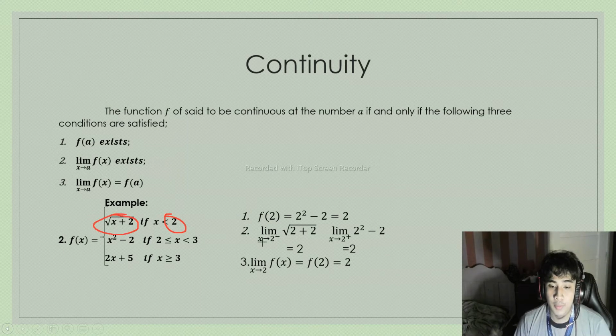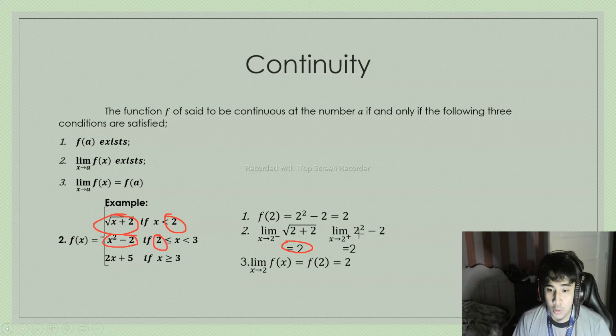So that will be square root of 2 plus 2 is equal to 2, kasi square root of 2 plus 2 is equal to 4, and square root of 4 is equal to 2. And our left side is 2, and ito naman sa right side, ito yung gagamitin natin, itong function na to kasi 2 is greater than or equal to x.